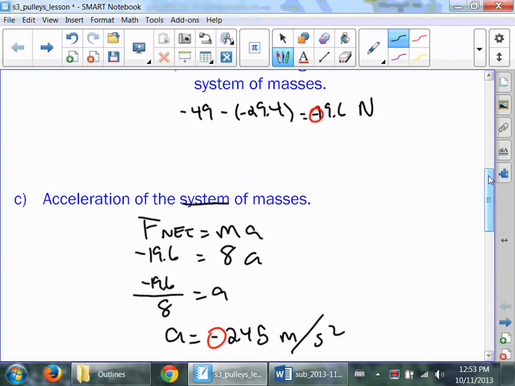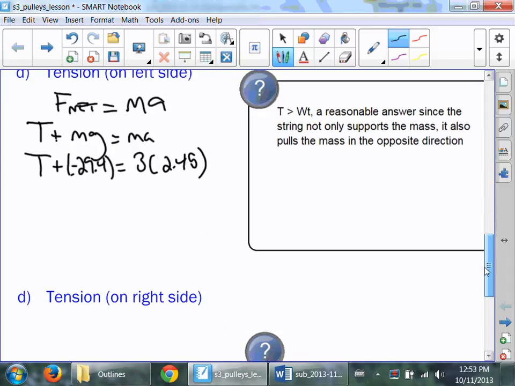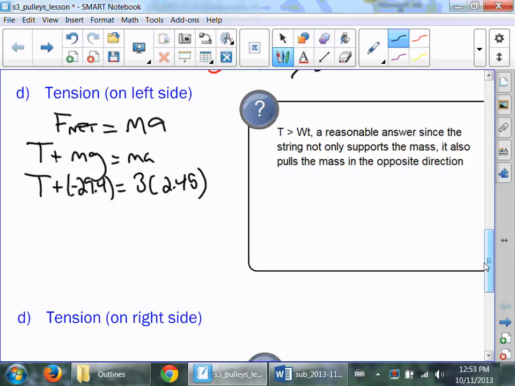And for that reason, we can actually just change this to a positive, and we're only really considering the difference between these two things, so we can even consider that to be a positive 19.6 as well. Okay, so we get 3 times 2.45, which is going to be 7.35.